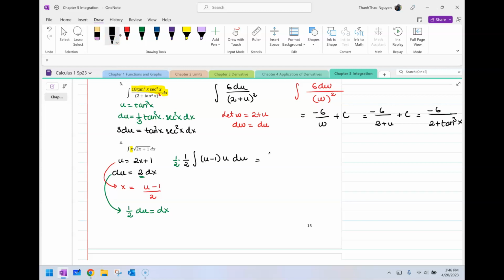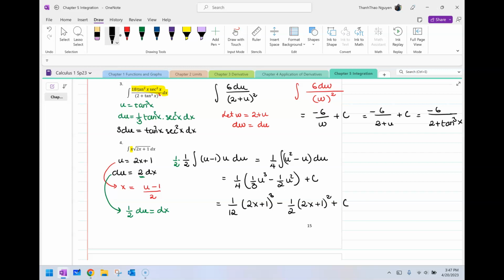So the whole thing becomes 1/4 the integral of u squared minus u du. So 1/4 times 1/3 u to the third minus 1/2 u squared plus c. So this is 1/12 (2x plus 1) to the third minus 1/2 (2x plus 1) squared plus c.